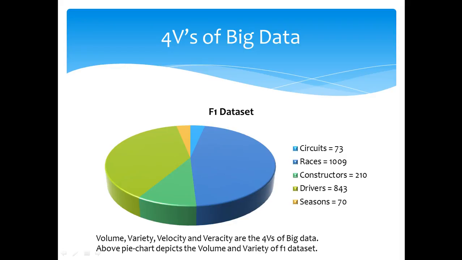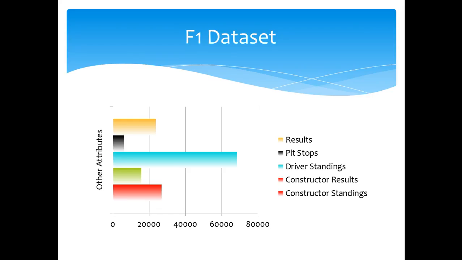So it almost covers all the data of each and every race. Coming to the other properties of the Formula 1 dataset, like pit stops, driver standings, constructor standings, results of the constructors and results of the races, each and every one is depicted here in this bar graph.